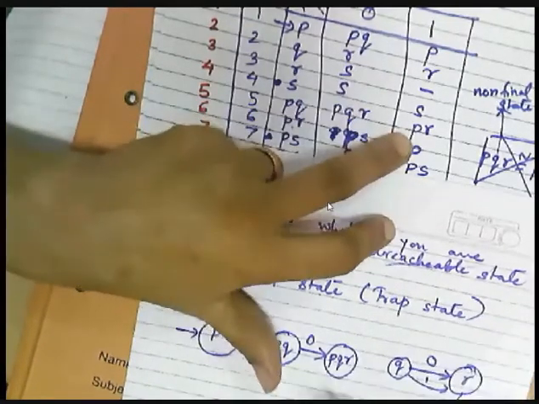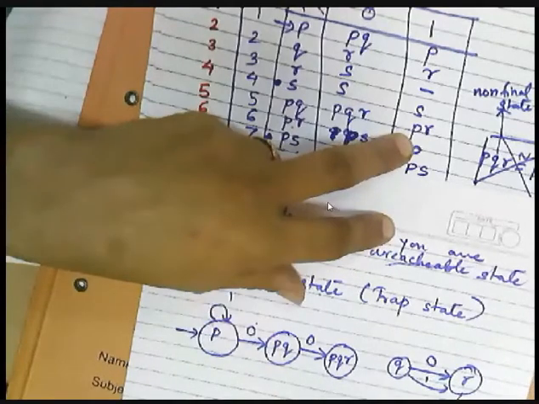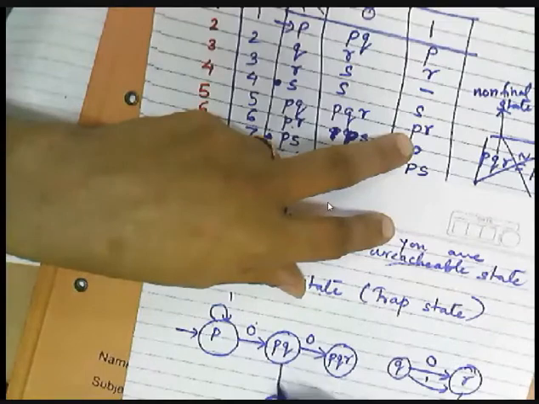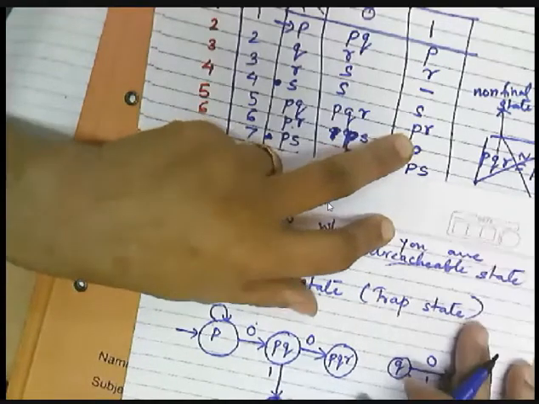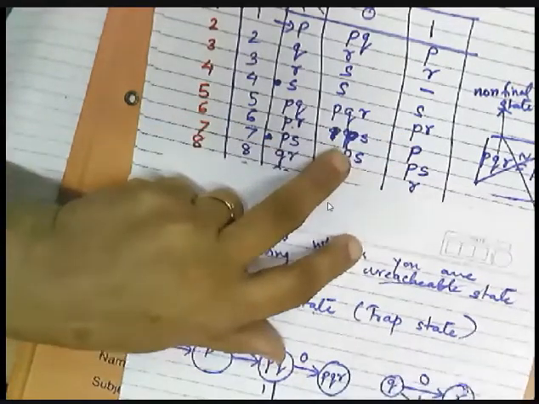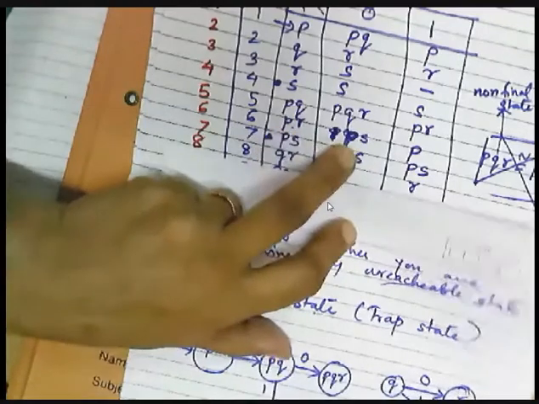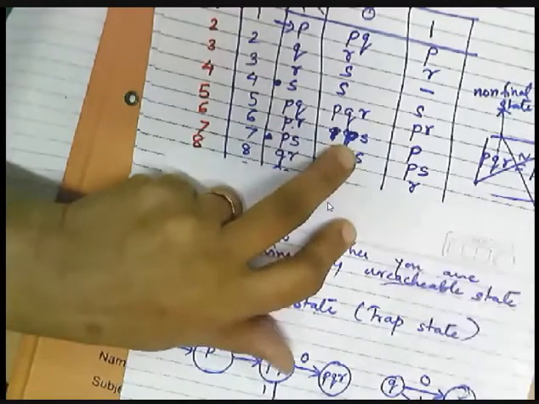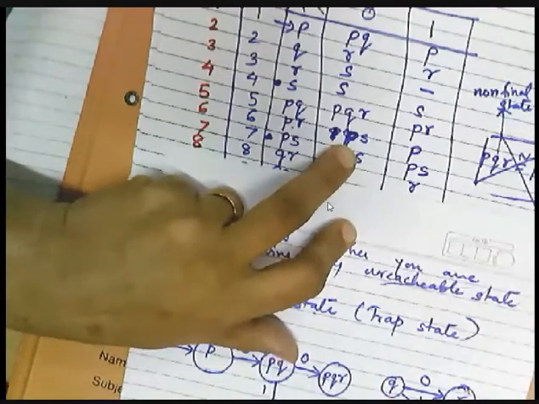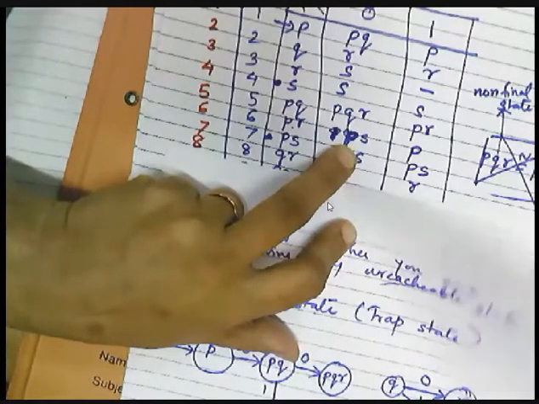So the PR state is there, this is my PR state, suppose. So PQ on 1 moves to the PR state. Now PR on 0 moves to PS. Is the PS state there? No. So I need to make a state which is named PS.